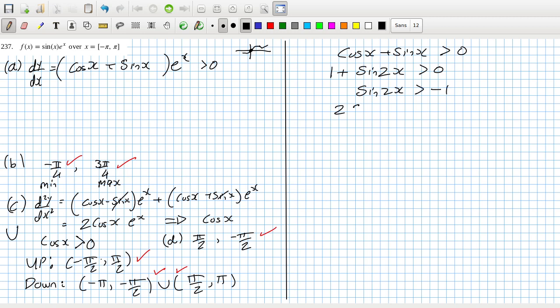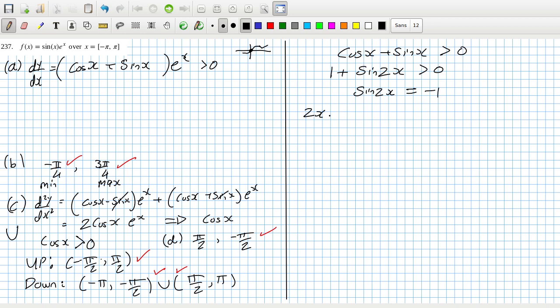So that means 2 sine x cos x is more than minus 1. Maybe I don't want to go that route. Let's find out when it is 0 first. Sine 2x equals minus 1.